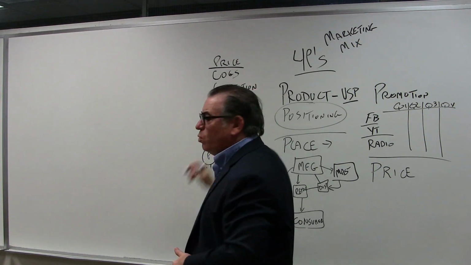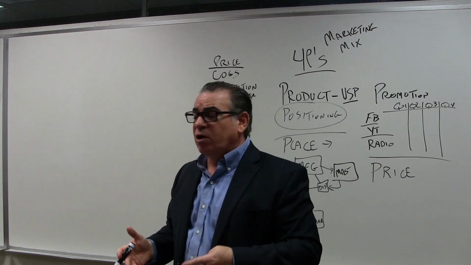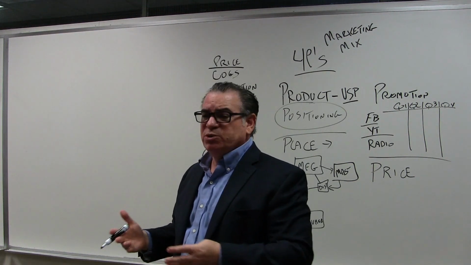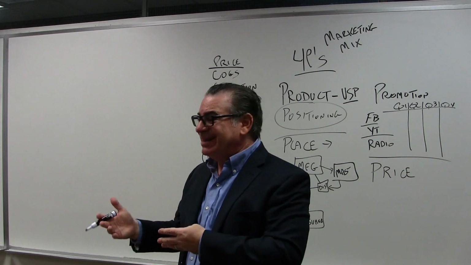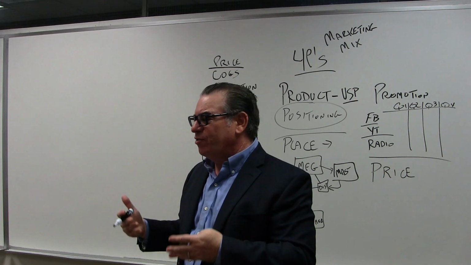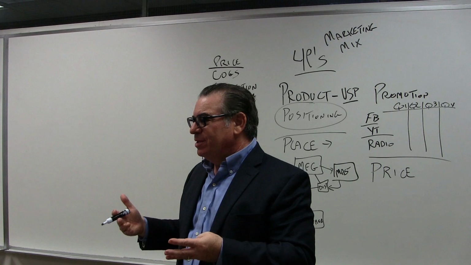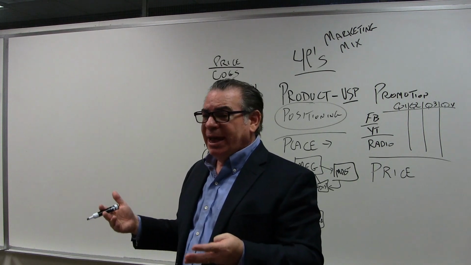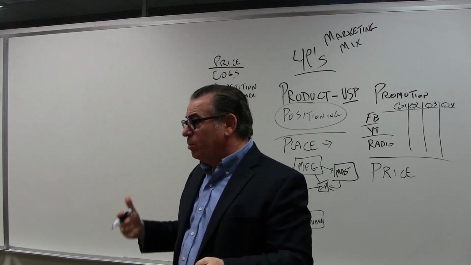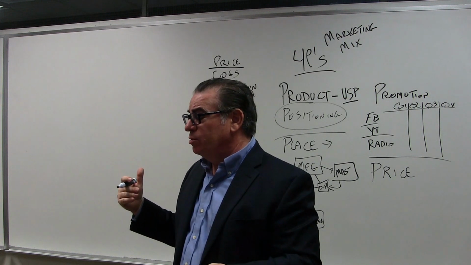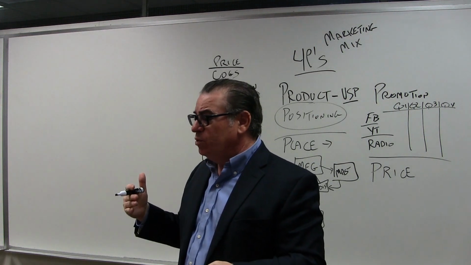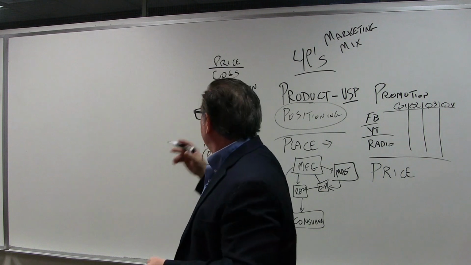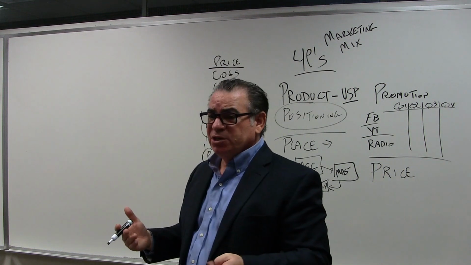You have to know what your cost of goods sold are. Otherwise, you can't put a price on it. Because at the end of the day, what's the goal of our business? To make money, to be profitable. And in order to be profitable, we have to put a markup on our cost of goods sold, right? And there's a revenue formula that we should look at. Then we have to understand the competition.